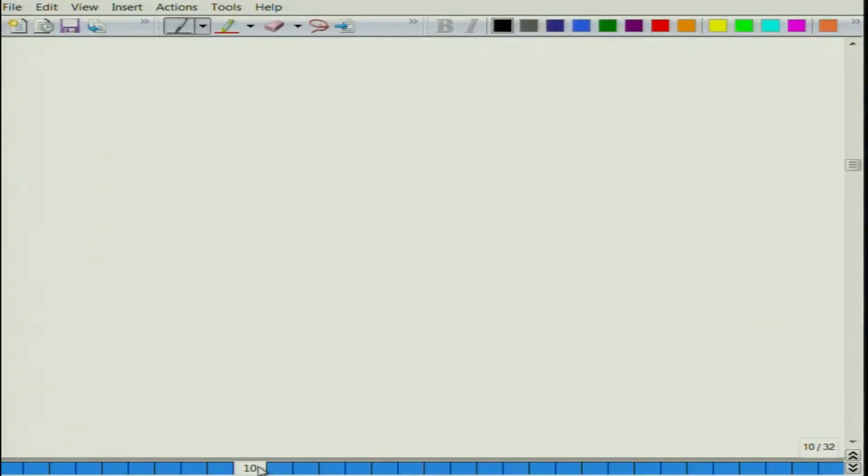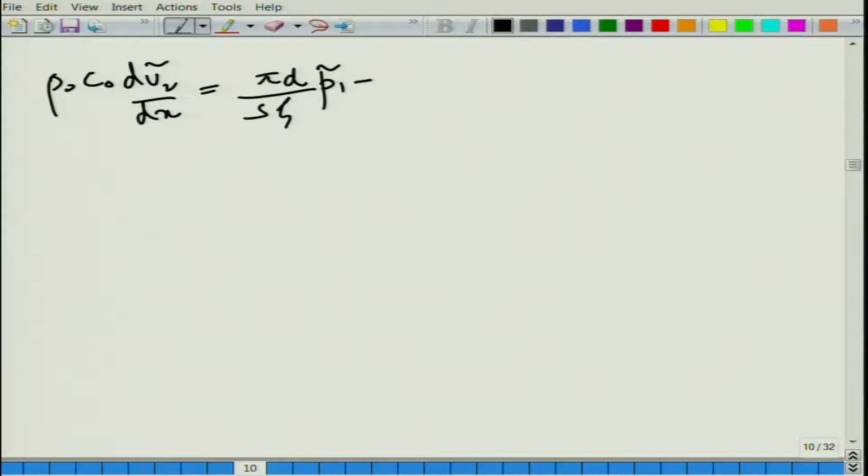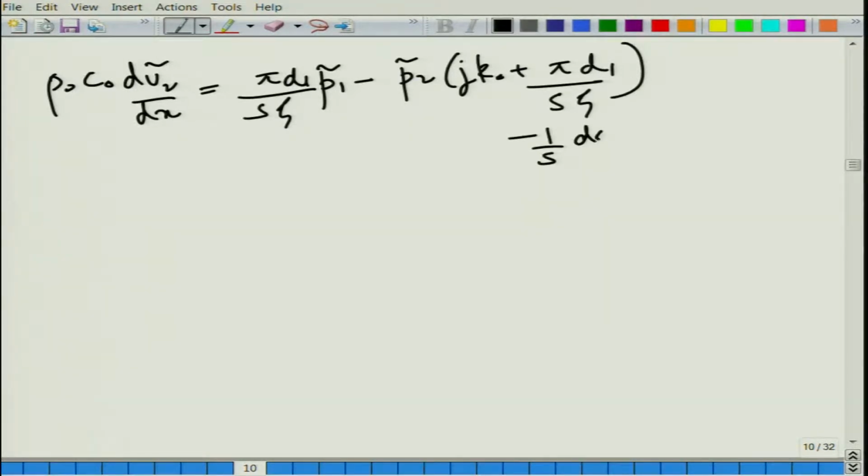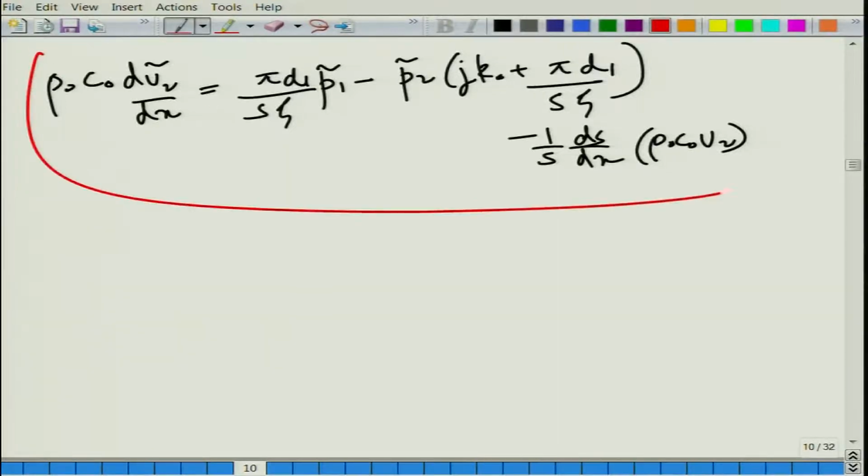Once you simplify further, the final form of this equation would look something like this, pi d by S zeta P1 tilde minus P2 j k naught pi d, this is actually d1, so you get this sort of a thing. So, let us call this equation 3.